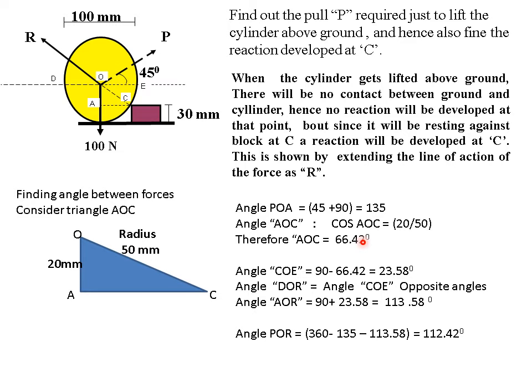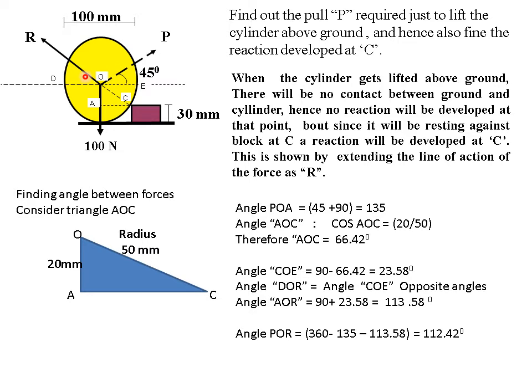So the AOC angle I got is 66.42 degree. To find out the opposite angle, if I vertically extend the line, the opposite angle will be this much, 66. Then 90 minus 66, I will get this angle.